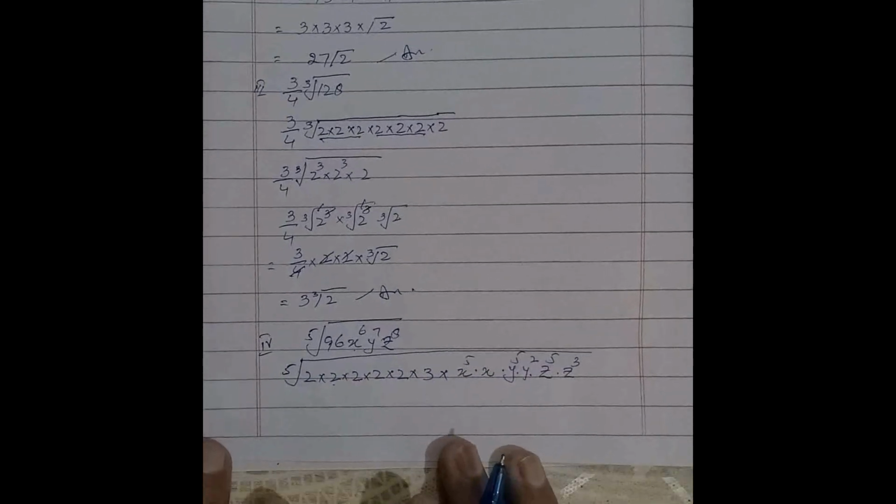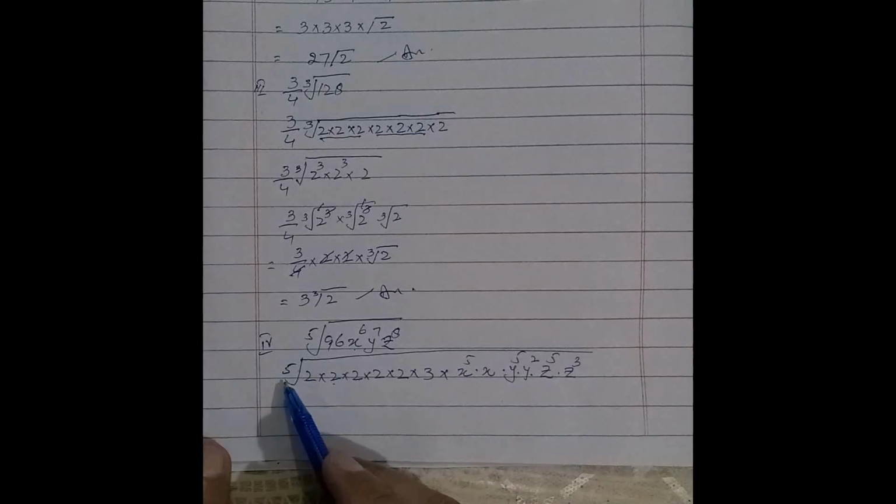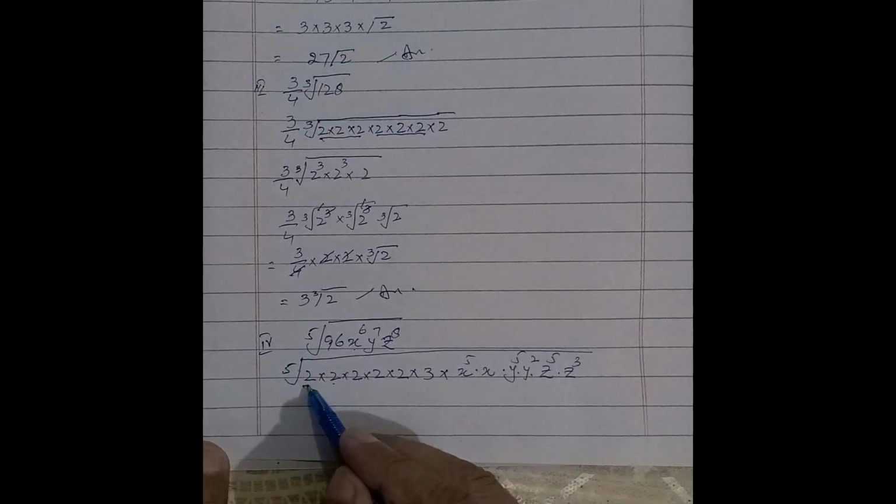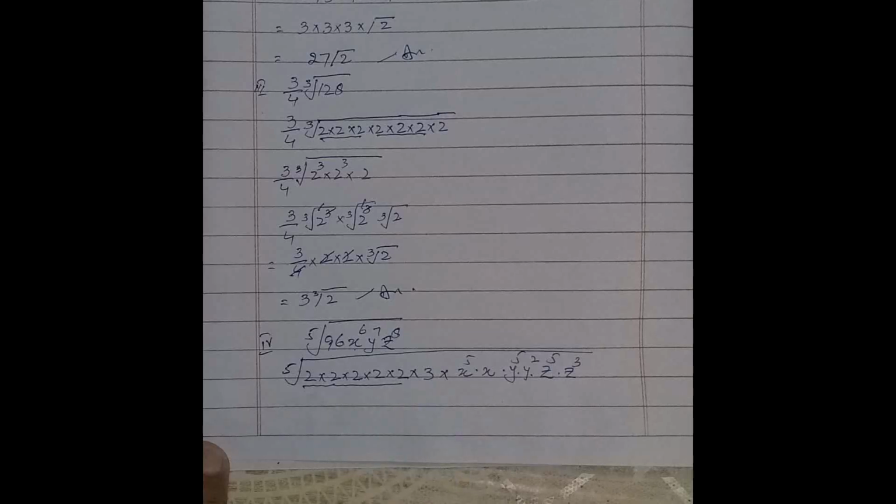Now simplify these values. Because it is a fifth root, we take the power of 1 over 5.